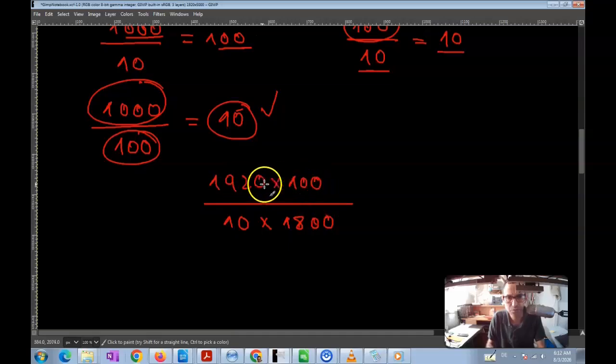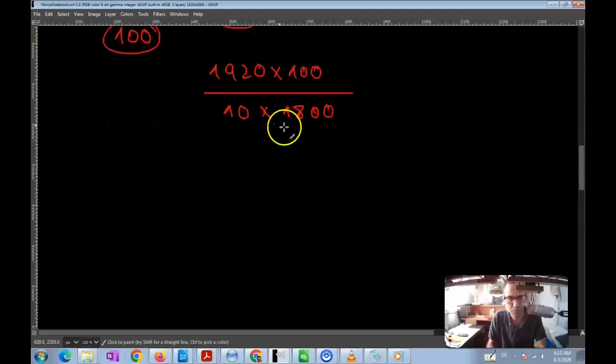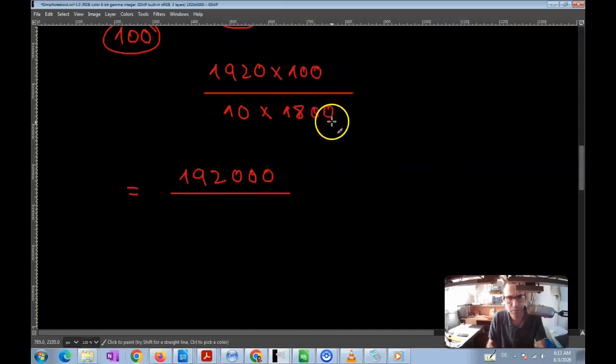One thing you could do is multiply everything together: 1920 and then add 2 zeros for multiplication by 100, and then 1800 times 10 would be 1800 and add a 0 because you're multiplying by a factor of 10.